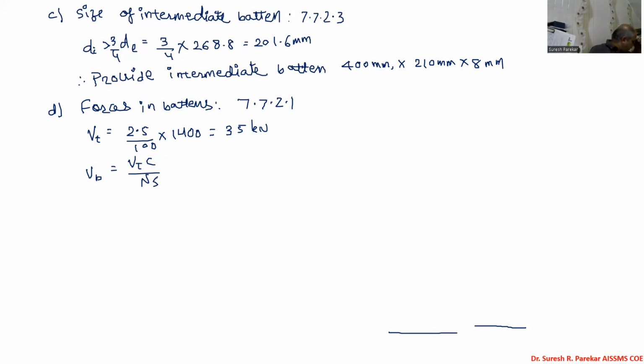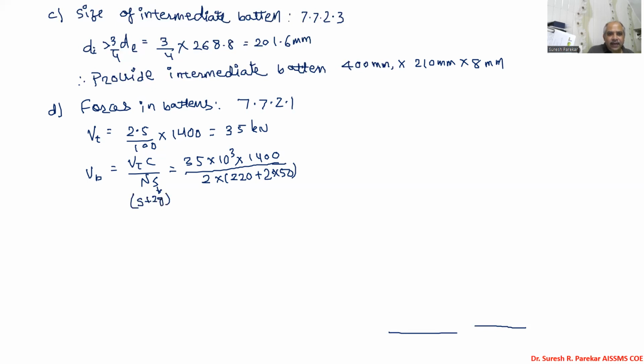Now we will substitute the values. VT we have 35 into 10 raised to 3. We have already provided the value of C as 1400, divided by N, we have 2, and S, this S is the distance between the inner bolts. So S is 2 into 50, that is S plus 2G.